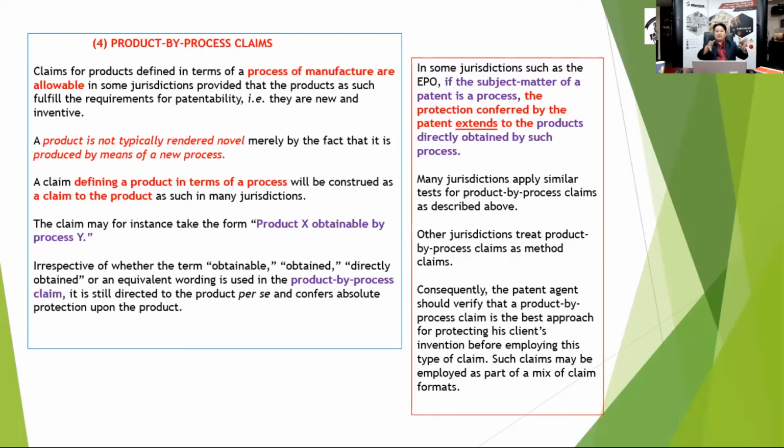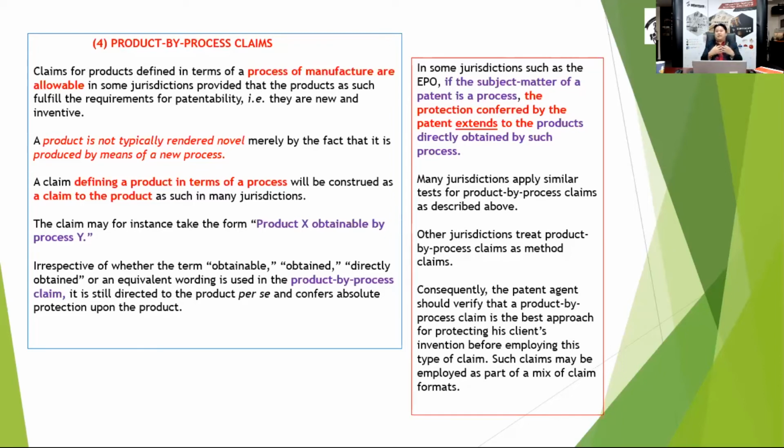Subject to, and I say subject to, it must fulfill the three fundamental requirements of patentability, which are novelty, inventiveness, and industrial applicability. If you have that, yes, why not? It will be extended to the product.